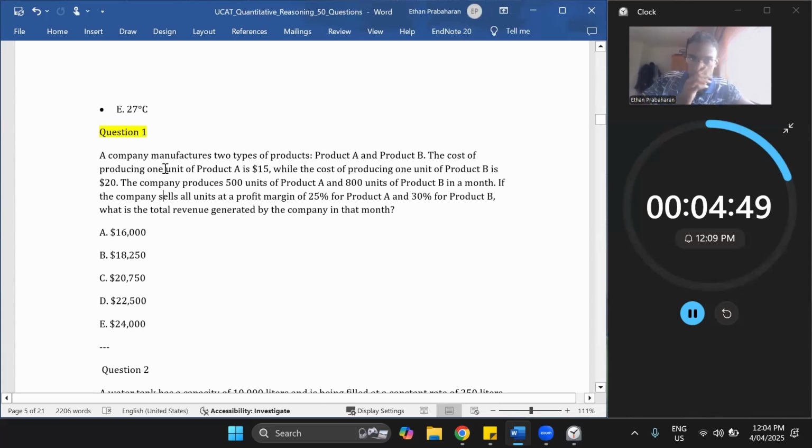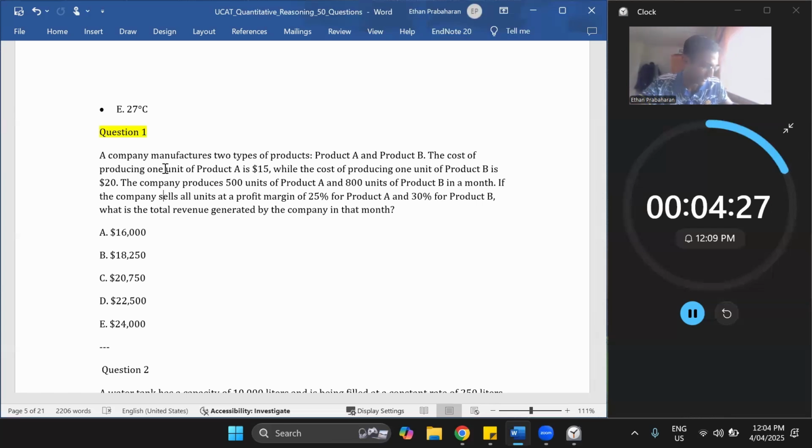Oh, I hated this question. So profit margin means the revenue is 25% higher than the expense, I think. So $15 times 1.25. So what's a quarter of 15? 3.75. So that would be, I need total revenue.